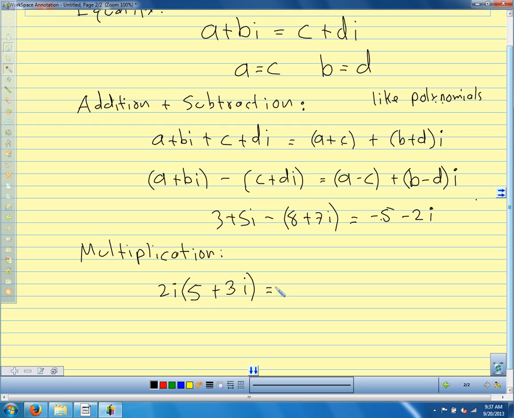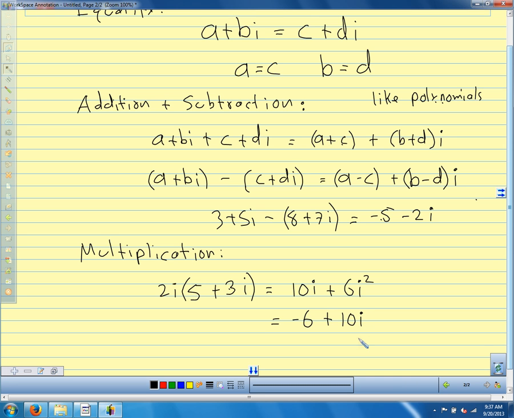Distribute. We're going to distribute just like we do with polynomials, just like we do with any other number. So this is 10i, I'm going to write out the entire step, plus 6i squared. And 6i squared is negative 1 times 6, or negative 6. So we get, in standard form, negative 6 + 10i.